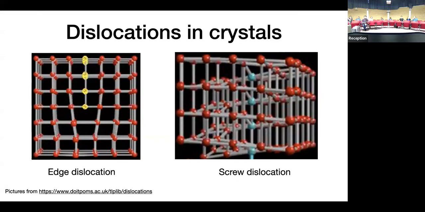You can view that as living in the two-dimensional space, which is parallel to the screen, because you have a whole layer of dislocation atoms. So in this case, an edge dislocation can be viewed as a particle in 2D. Similarly, if you take a screw dislocation, it can be viewed as a particle in 3D.